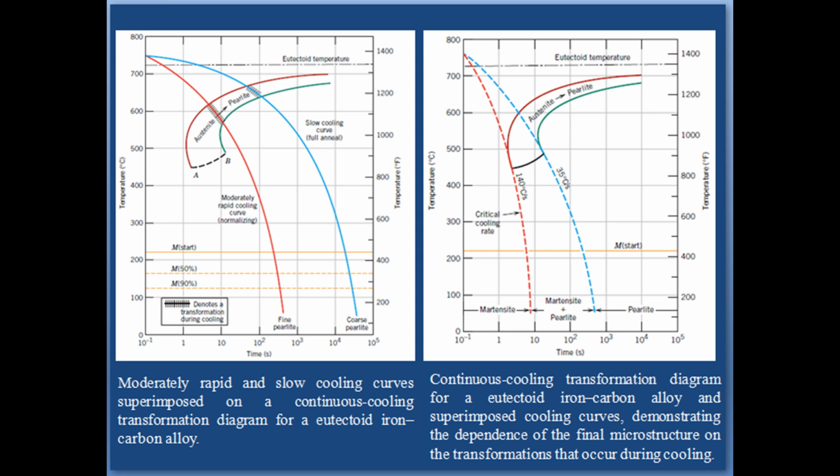In fact, one of the reasons for alloying steel is to facilitate the formation of martensite so that a totally martensitic structure can develop in relatively thick cross sections.